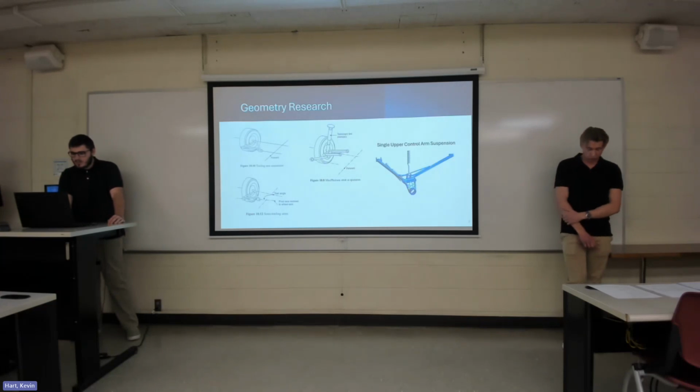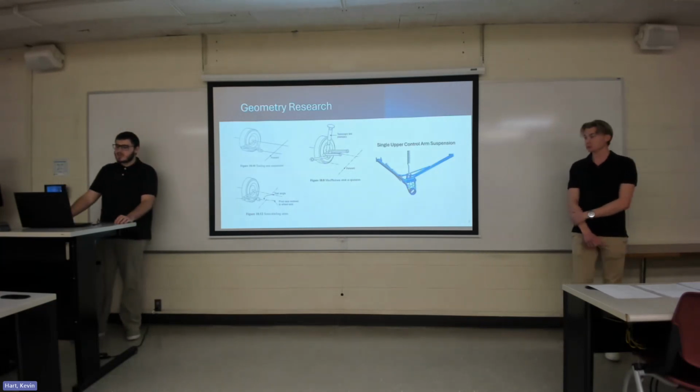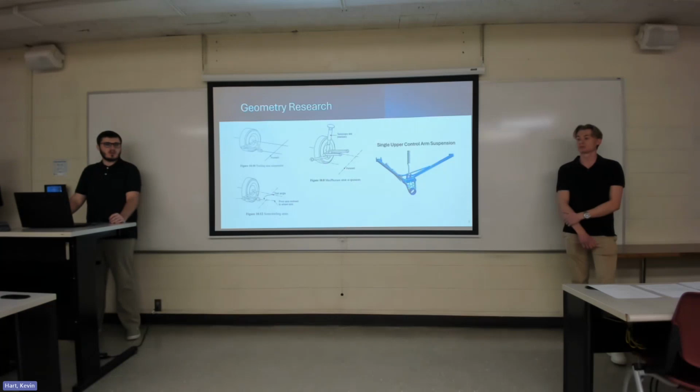Next, we looked at the single control arm suspension geometry. This is not a typical suspension geometry that you find on a lot of vehicles. We found out about this geometry by observing other competition, such as Purdue University's most recent vehicle.